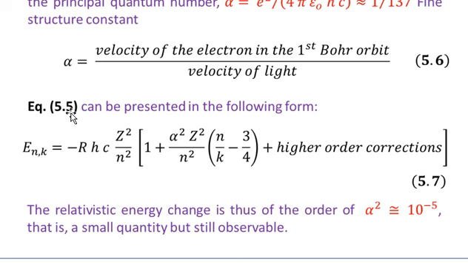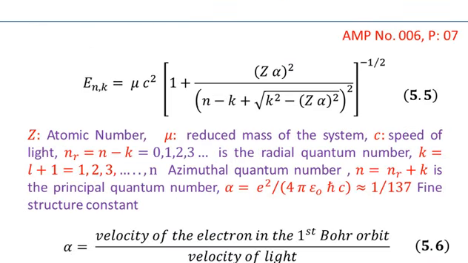Equation number 5.5 can be represented in the following form. We can expand the terms on the right-hand side of equation 5.5 binomially, using the binomial series. We can expand the square bracket, and similarly the square root, which contains the term k squared minus z squared alpha squared.